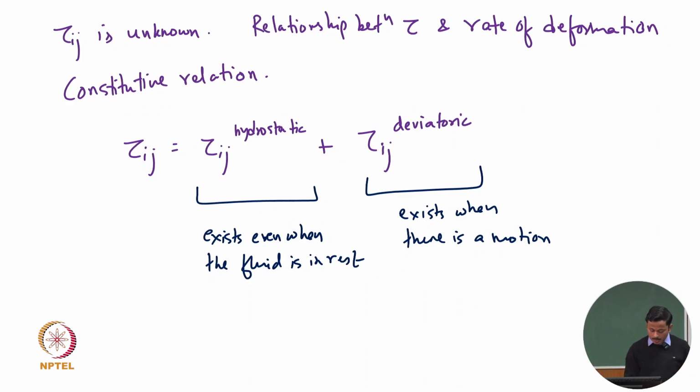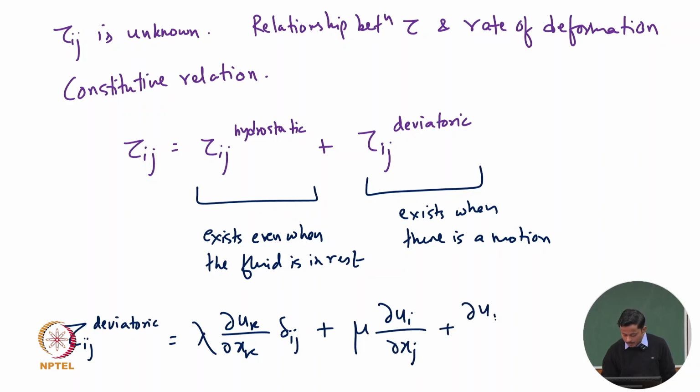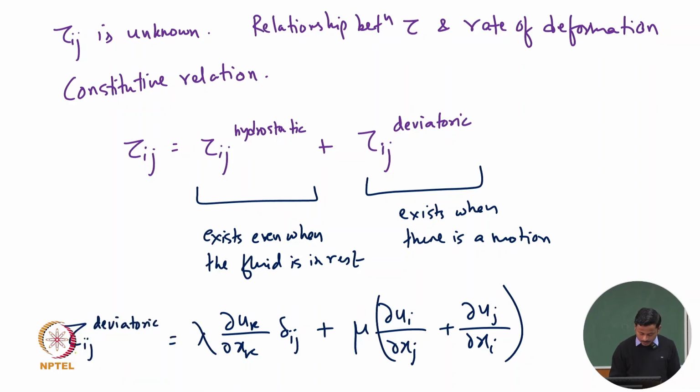So this deviatoric part has a form with lambda. This is the form of the deviatoric part of the stress tensor, and lambda is called the second coefficient of viscosity.